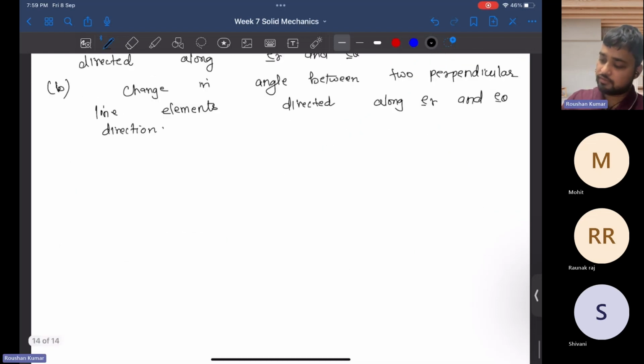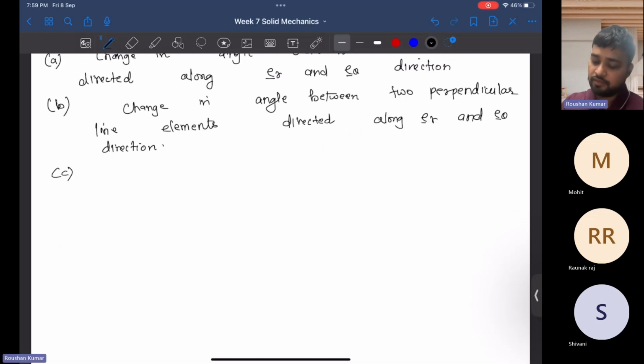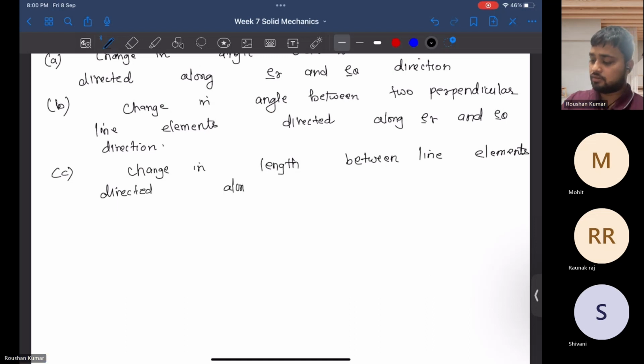The third option is change in length between line elements directed along e r and e theta direction. The fourth option is none of these.